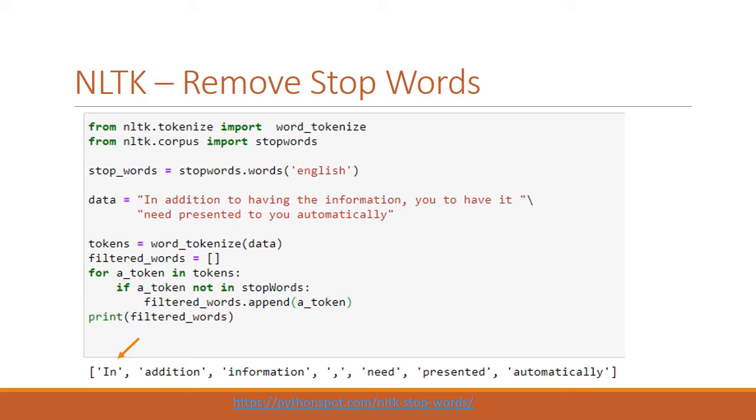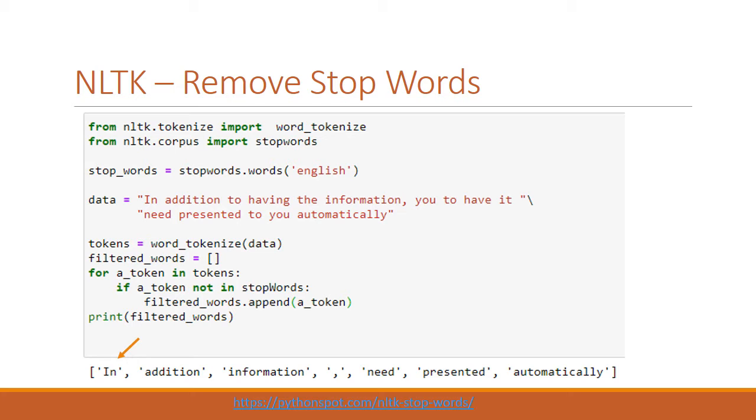Here's an example of code that can help us to remove stop words from a string. So we start by importing word tokenize and we import stop words. Then we acquire a list of stop words using the stopwords.words method, and we assign it to the variable stop words.